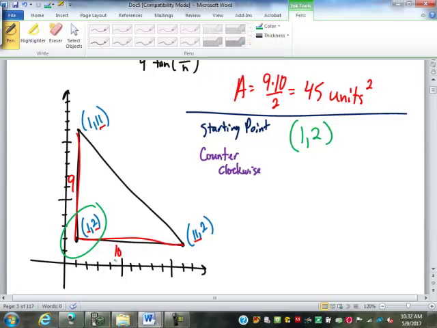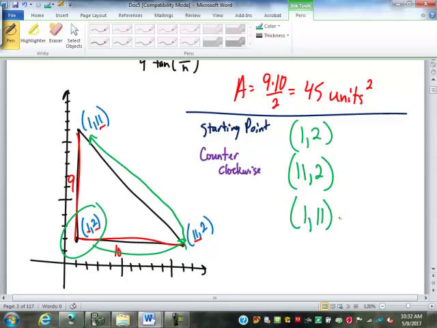So going counterclockwise, what's the next point? The 11, 2. So I'm going to list that. Now the next point, 1, 11. Have I gone completely around the figure yet? No, I have to go back to where I started, which would put me back at 1, 2.